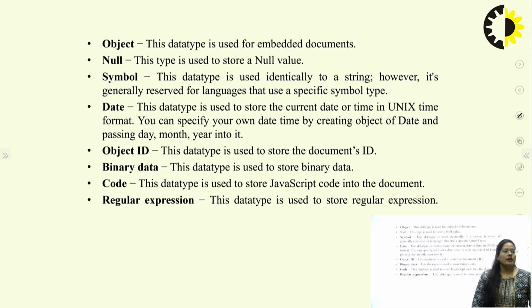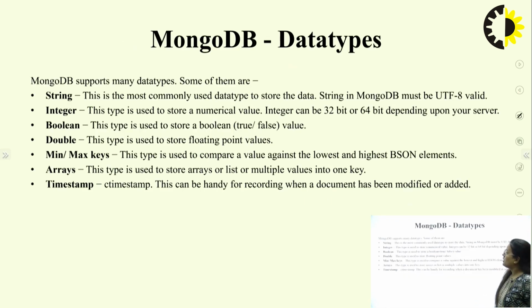Okay, we already know about string. It is the most commonly used data type to store data. Integer is used to store a numeric value. Boolean is used to store a boolean true or false value. Double is used to store a floating point value.